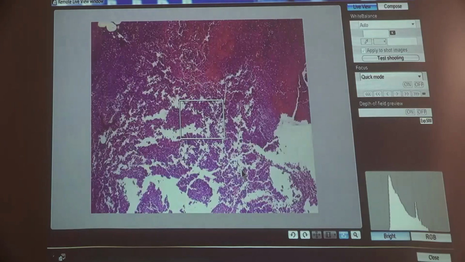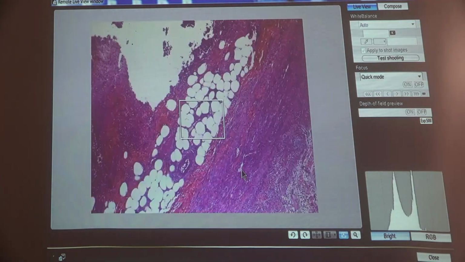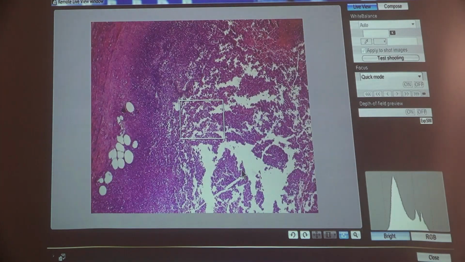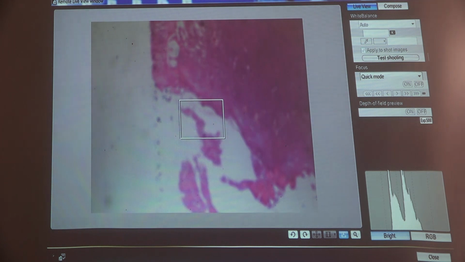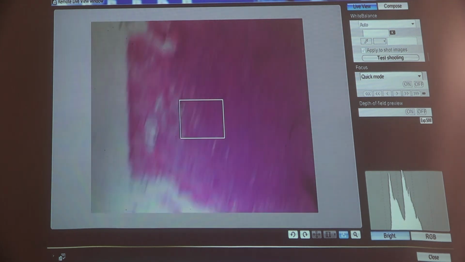Pus cells from the lumen to the serosa. This is the serosa, and there is heavy infiltration of acute inflammatory cells. Acute appendicitis. Thank you.